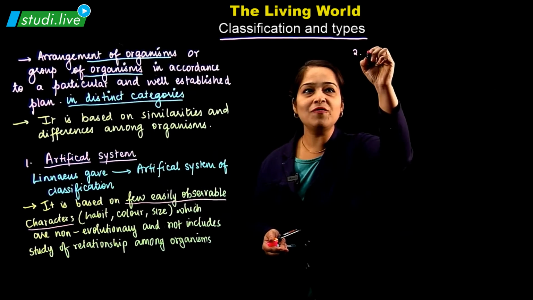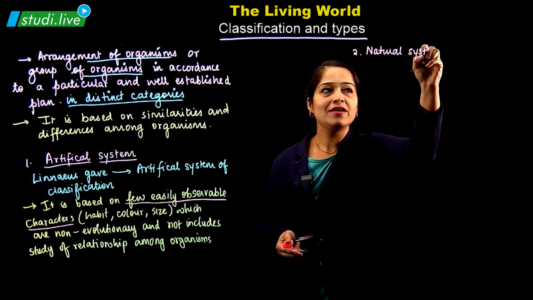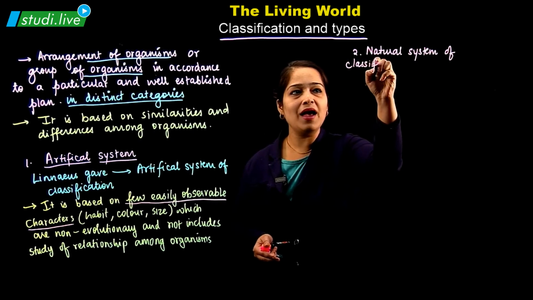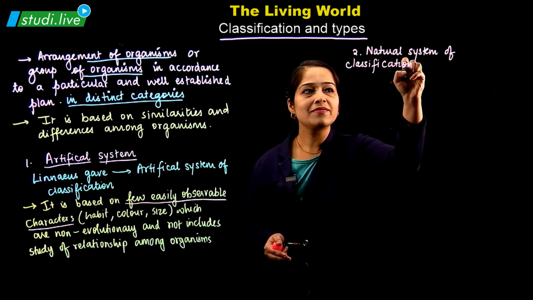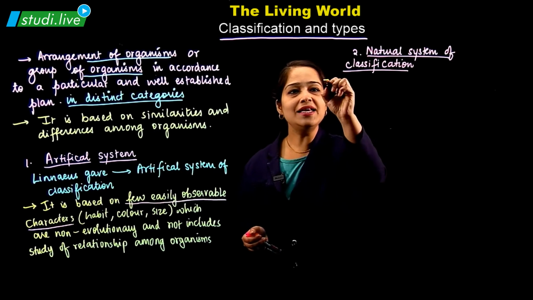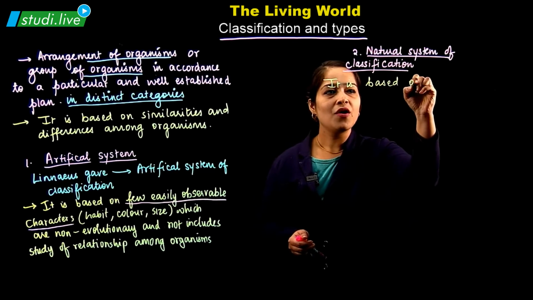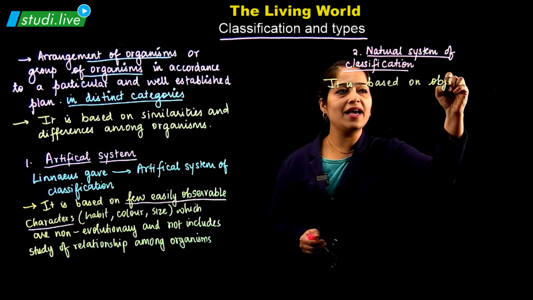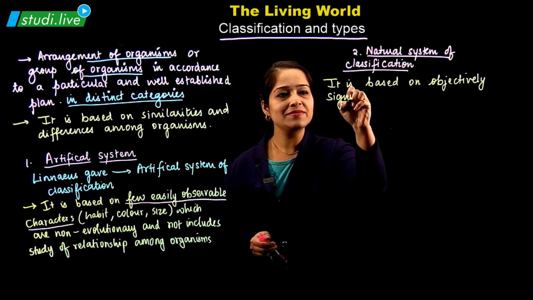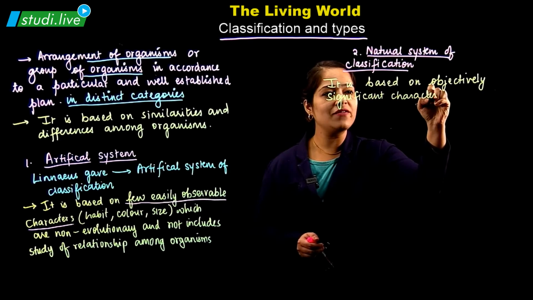The second system of classification is the natural system of classification, which was given by Bentham and Hooker. It is based on objectively significant characters, and not observable characters.